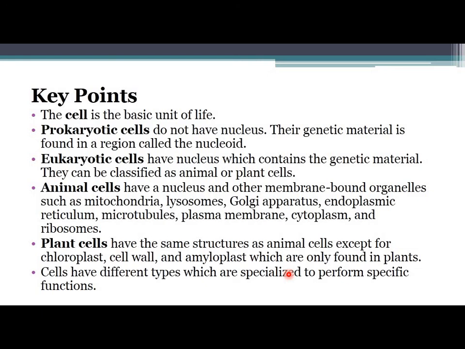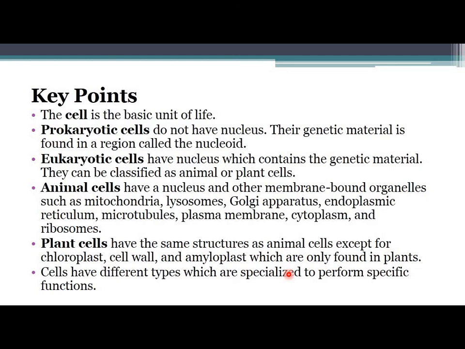And then when we see animal cells, animal cells have a nucleus and other membrane-bound organelles such as mitochondria, lysosomes, Golgi apparatus, endoplasmic reticulum, microtubules, plasma membrane, cytoplasm, and ribosomes. And then, ang plant cells have the same structure as animal cells except for the chloroplast, cell wall, and then yung tinatawag nating amyloplast, which are only found in plants, no?